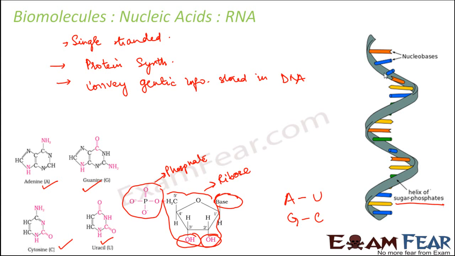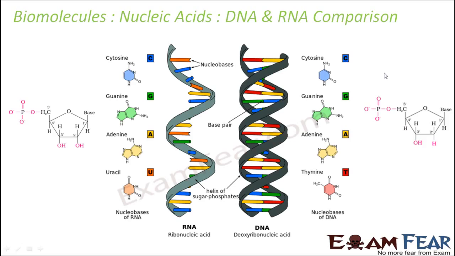So let us have a quick comparison between DNA and RNA. Structure wise, RNA is single stranded whereas DNA is double stranded. Talking about the base pair, you have uracil in RNA whereas you have thymine in DNA. DNA can self-replicate, that is DNA can be created by DNA, but RNA cannot be created by RNA.